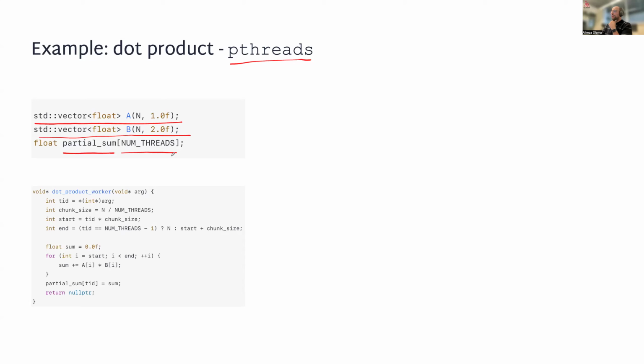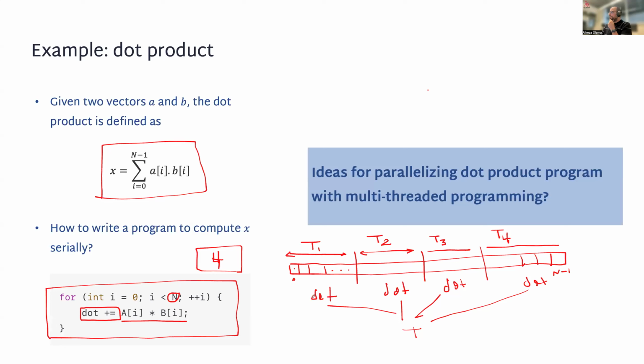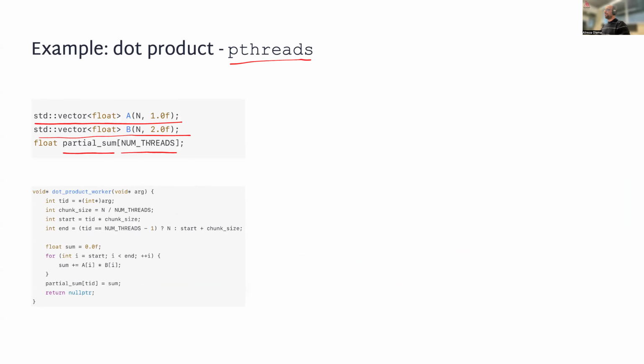So if I have 4 threads, then this array has 4 elements. Why do I define that? To store these local dot product results, right?